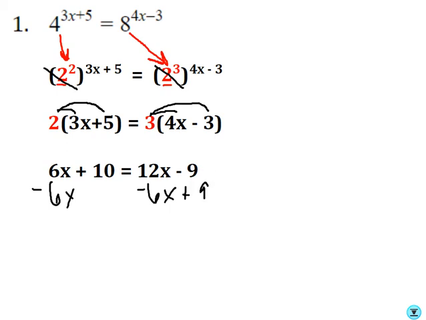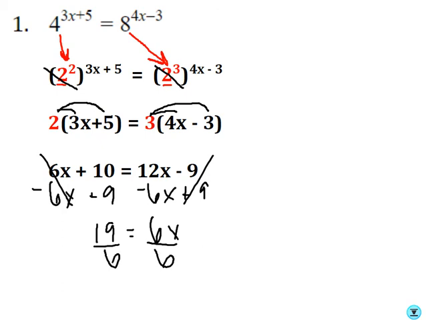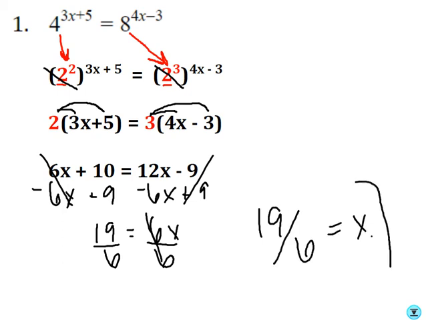I'm going to add 9 on this side. I have 19 is equal to 6x. Divide both sides by 6. So in this case, 19 over 6 is equal to x. And that was our solution.